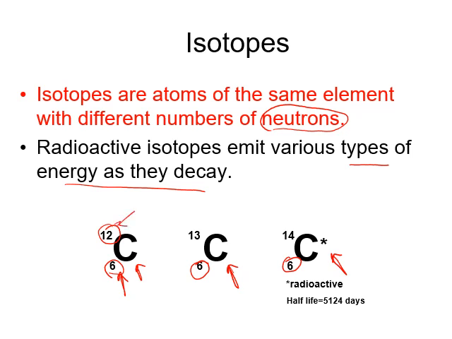So over here you have 6 protons and 6 neutrons. Over here you have 6 protons and 7 neutrons. And over here you have 6 protons and 8 neutrons. So the number of neutrons can change, and it leads to the formation of isotopes.